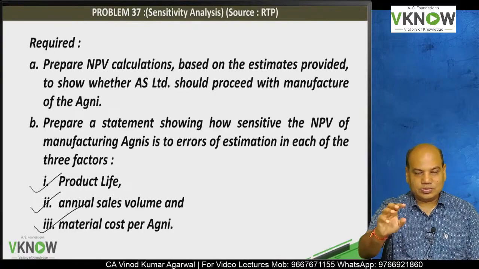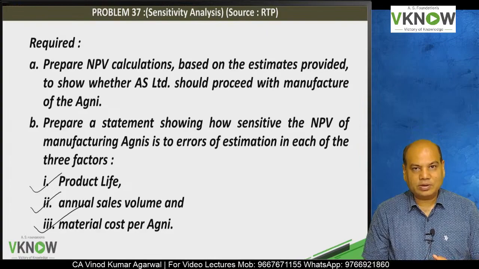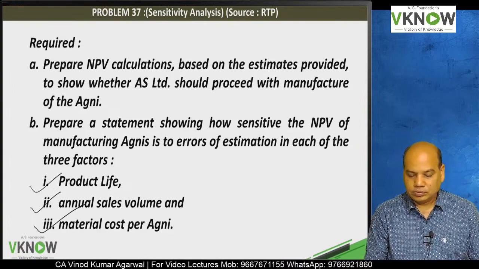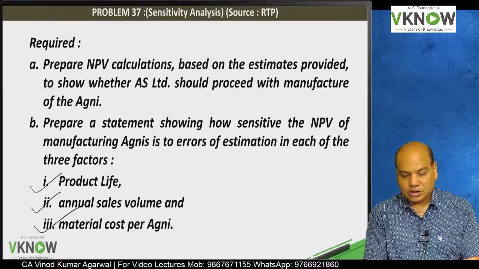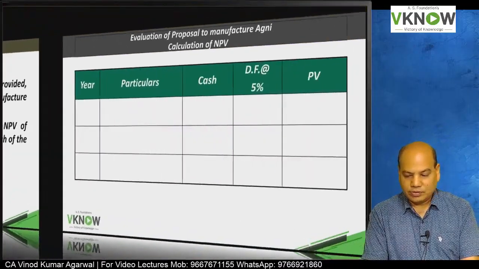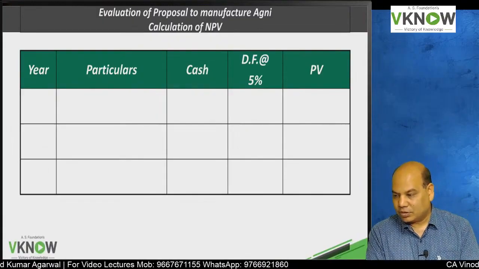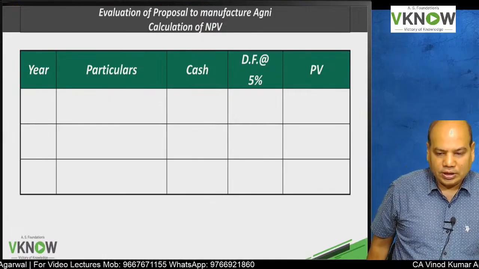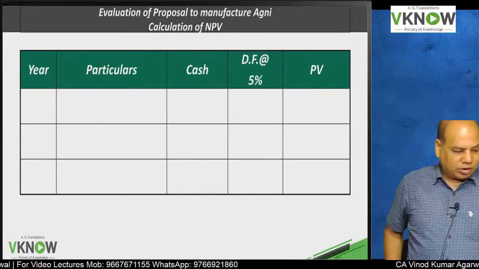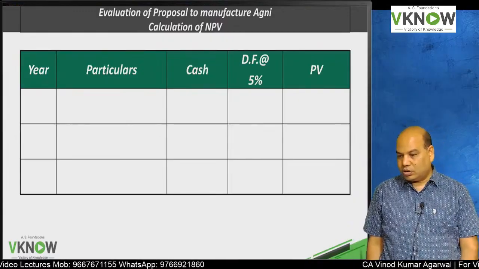That means we will check one variable at a time, keeping other variables constant. But first answer first. First answer is a simple problem of capital budgeting, where they are asking you whether we should manufacture Agni or not.